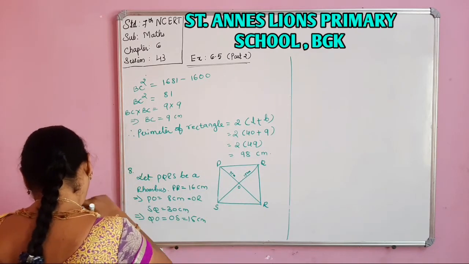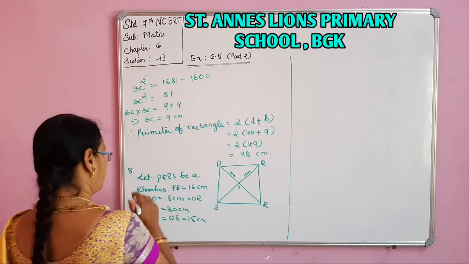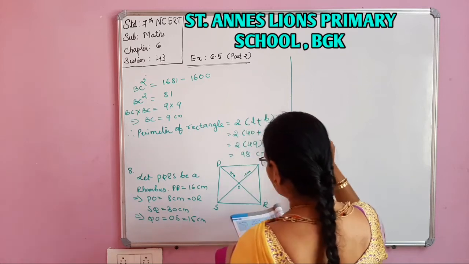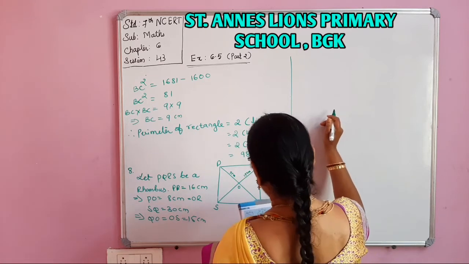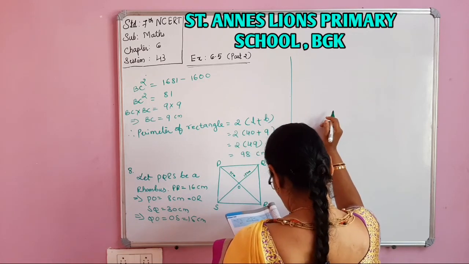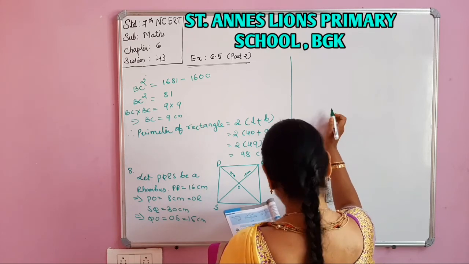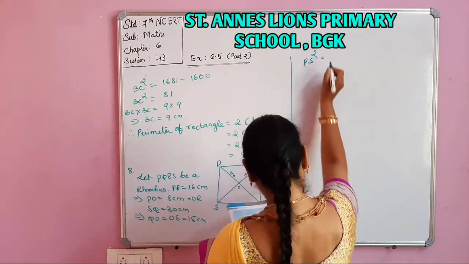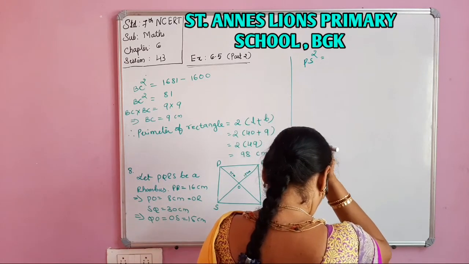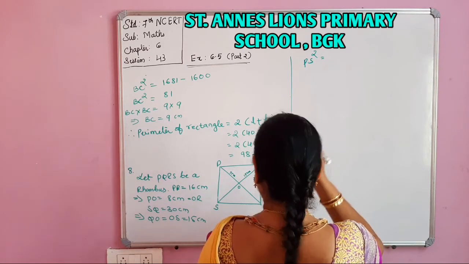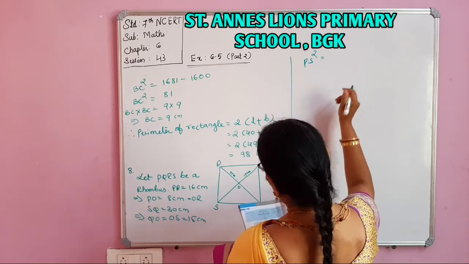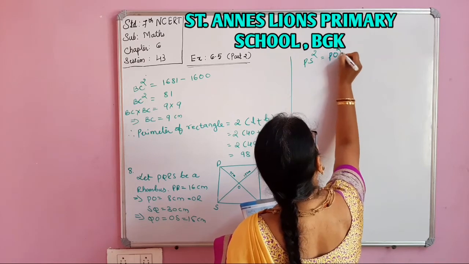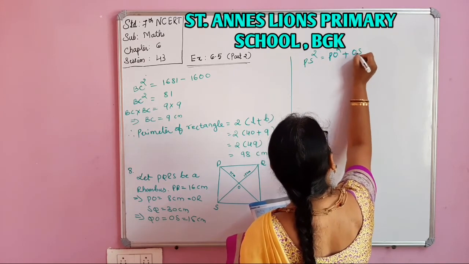Now, according to the Pythagoras property, PS square is equal to PO square plus OS square.